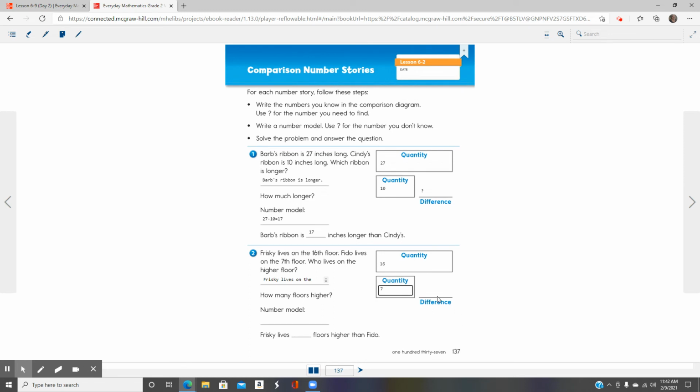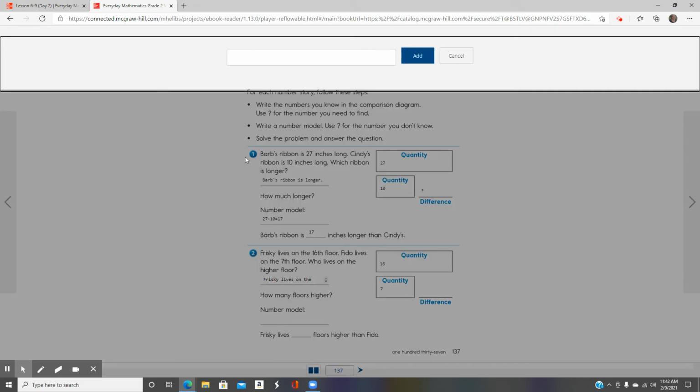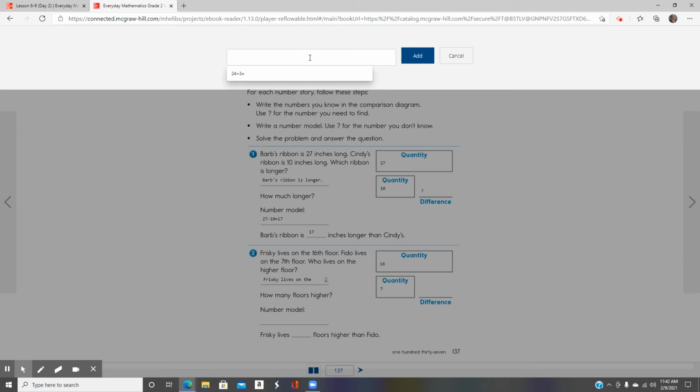Now we're going to find the difference. We're comparing the floors that Frisky and Fido live on, and we're finding the difference between them so that we can compare them. Let's use our number model. Now remember in subtraction, which number goes first? The 16. I always say that with addition too, that the larger number should go first.